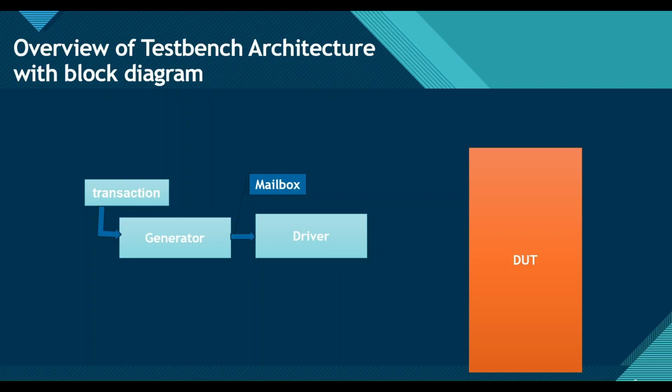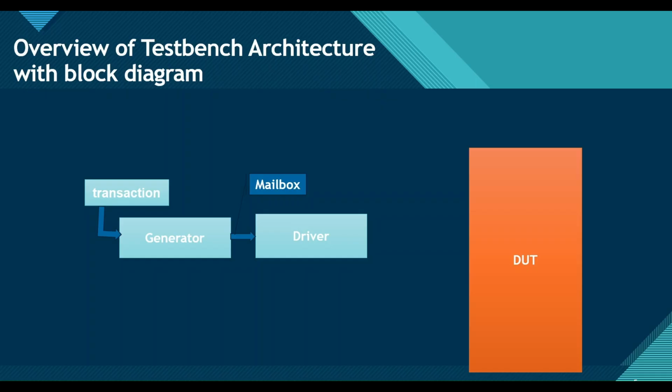The driver is also a class. It gets the transaction from the generator using the mailbox, extracts the data from the transaction, and sends it to the DUT. Here, the driver does not send the data directly to the DUT because there is no direct connection between the testbench and the DUT.